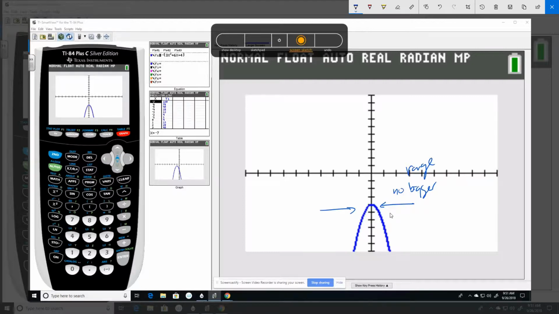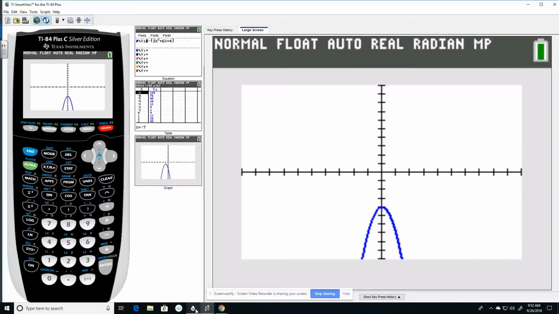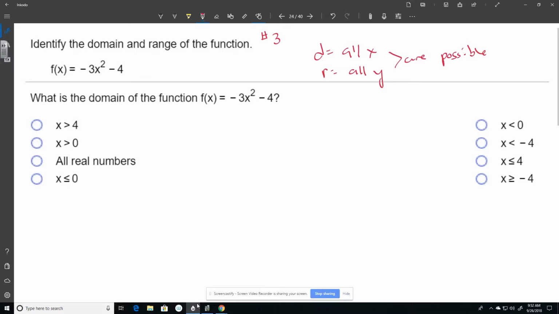But first, looking at my domain, those are my x values. And as the graph goes to the left, it's going to keep going left, left, left forever. It's going to go right, right, right forever. So the answer to the first question, what is the domain? It's going to be anything. It's all real numbers, anything I want it to be. Okay. Then it's going to ask you for the range.